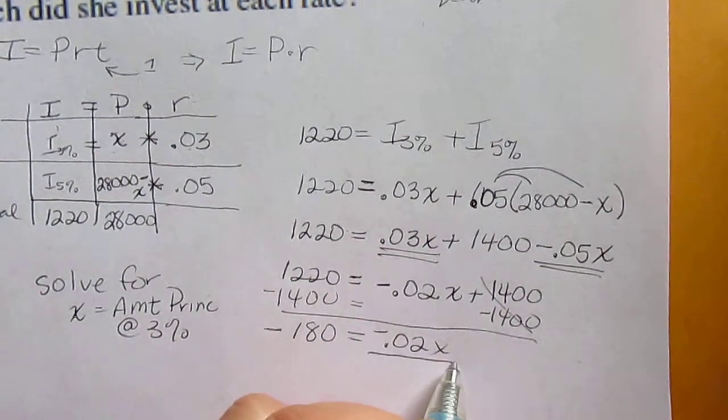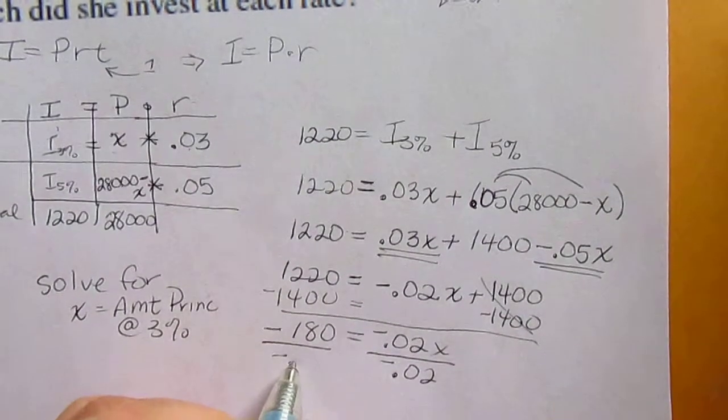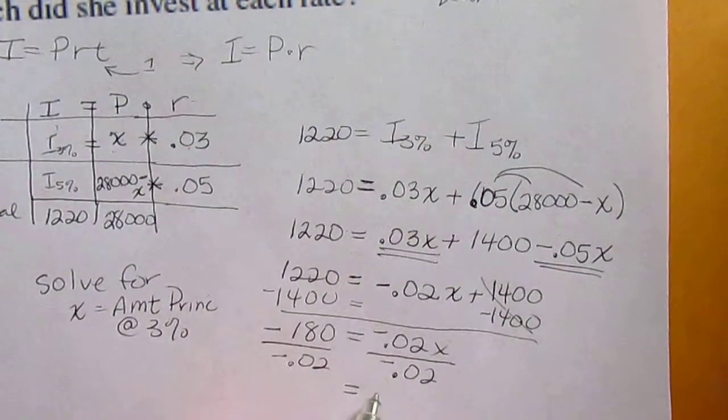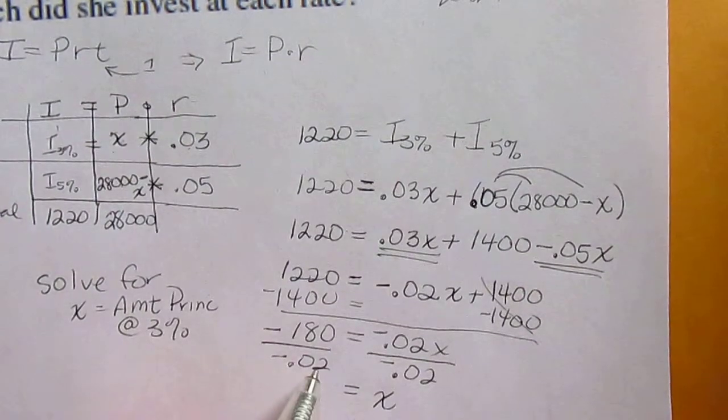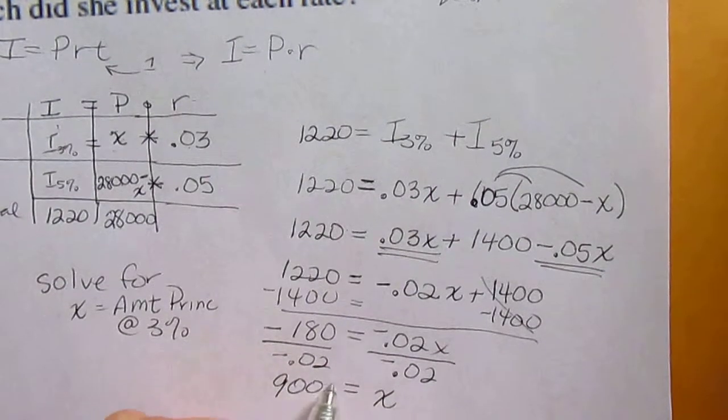Now I solve for x, divide by negative 0.02, divide by negative 0.02. A negative divided by a negative is positive. So when I do this, I end up with x equals 9,000.